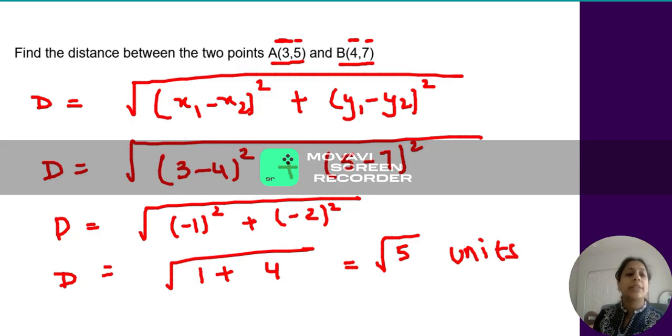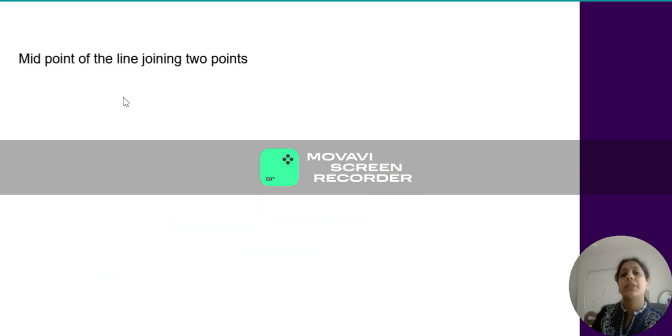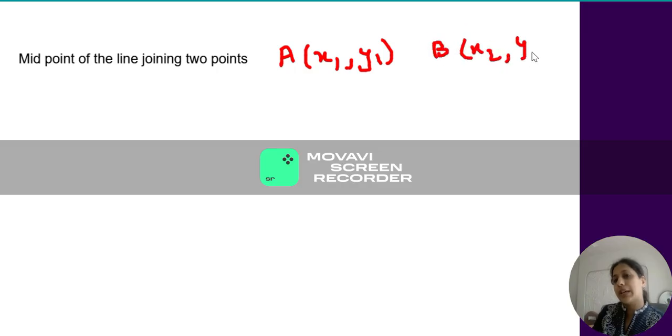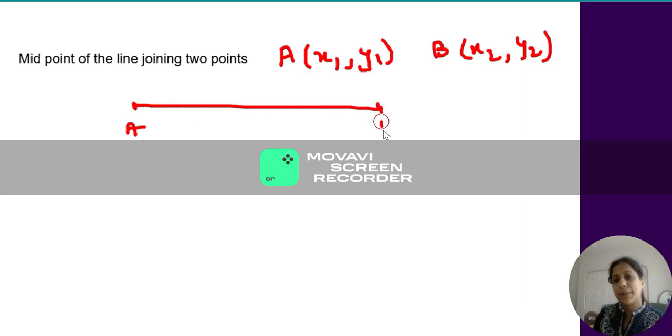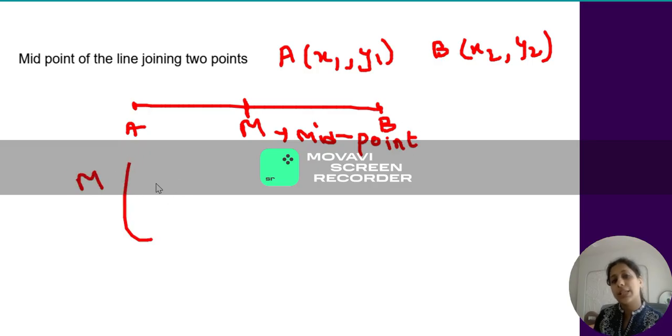Okay, next, the last main topic here is the midpoint of the line joining two points. Again, if I take one point x1, y1 and another point x2, y2, and there's a line joining these two points, then the coordinates of M, which is the midpoint, will be just the mean of the x coordinates and the mean of the y coordinates.